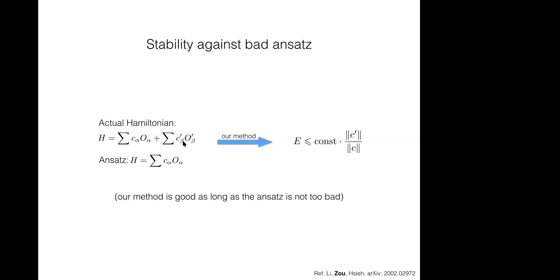We want to discard this other term. Then we can show within our method, the reconstruction error will be upper bounded by the ratio of the magnitudes of C prime over C. What this means is that our method is good as long as our initial ansatz is not too bad, meaning our ansatz has the property that C has a much larger magnitude than C prime.